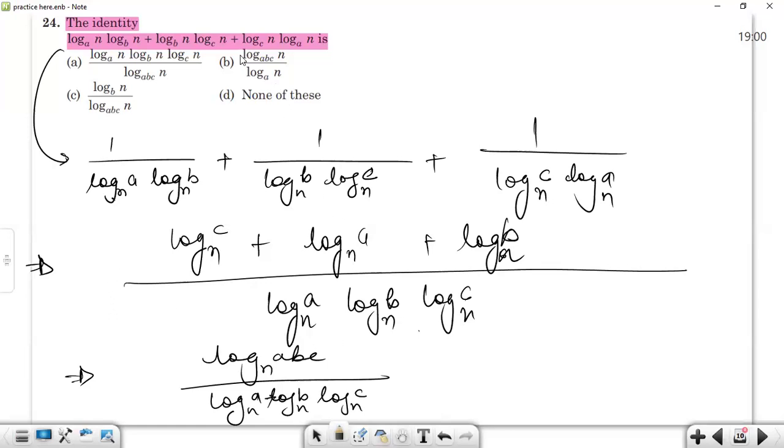Okay. So logarithm of ABC, like in most options, this is in the denominator part. So it's an intuition. Let's bring this into the denominator part and let's solve it further.